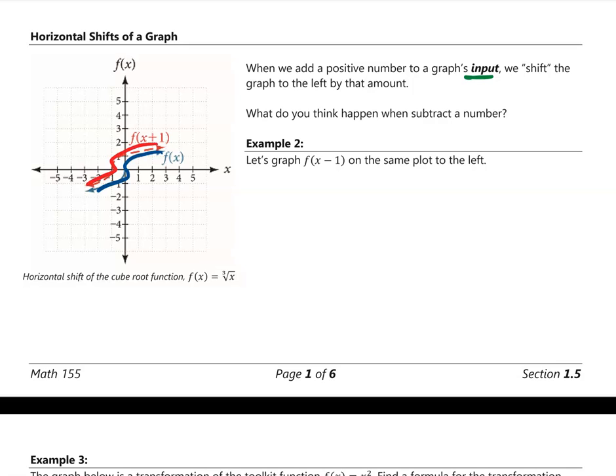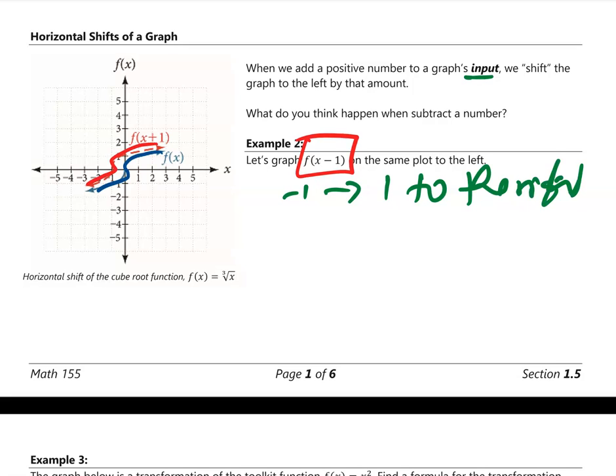So what do you think is going to happen when we subtract a number? Let's graph f of x minus 1 on the same plot. This minus 1 here, meaning 1 to the right. So we move this 1 to the right, something like that.